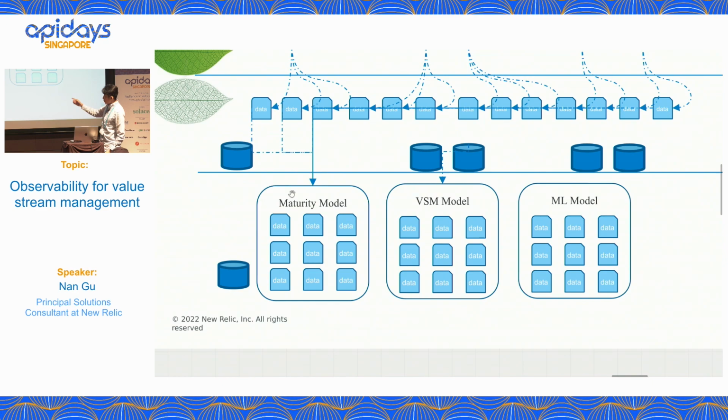That's one. The other one is called a value stream model, which means we need to know where there is waste, whether automated or manual. To figure out the waste, you have to rely on the data. The last one is the machine learning model. I'm not adding this because it is too hard.